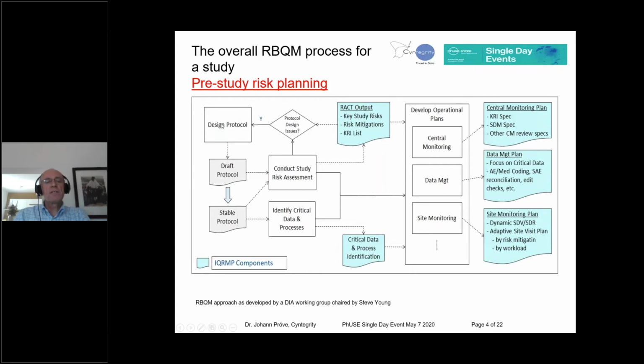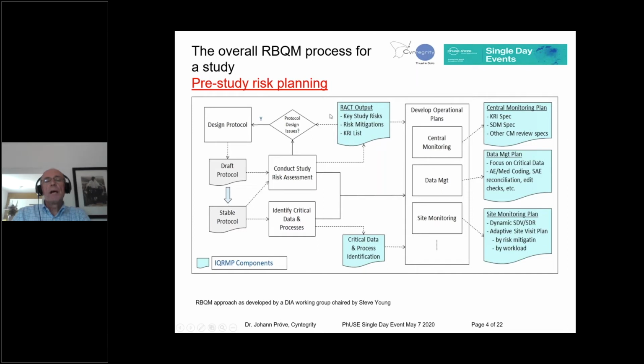Let's pretend that that is the case, and then the question, of course, is does the protocol have any design issues? Because sometimes one can already eliminate issues, risks in a study by just modifying the protocol, by, for instance, modifying the number of in- and exclusion criteria, because 95% of the patients would not meet the criteria, and that would mean a delay in the study conduct, for instance.